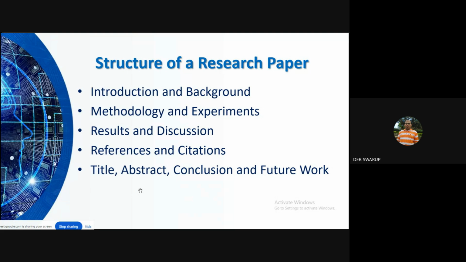You are saying introduction and background, but these are different things. Methodology and experiments, you are clubbing them. Results and discussion, you are clubbing them. But those are also different things, so why have you written like this? The thing is, while writing a paper, this is the exact flow we need to follow. Please try and understand what I want to say.